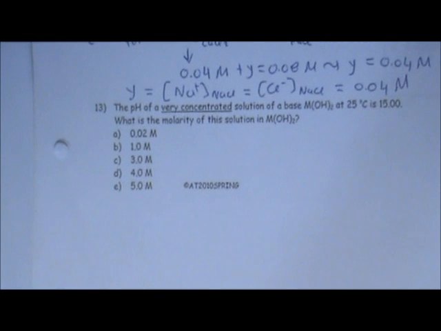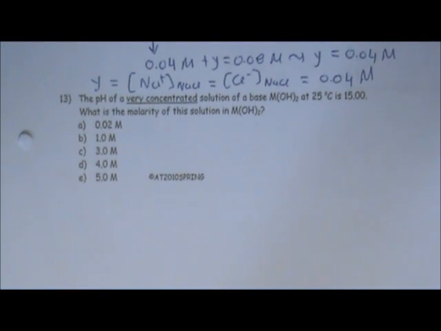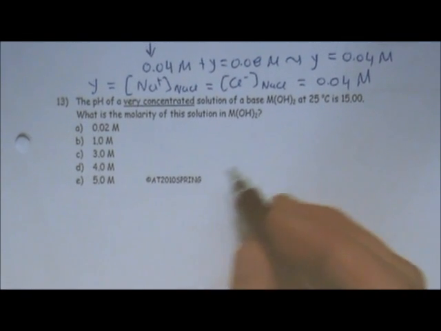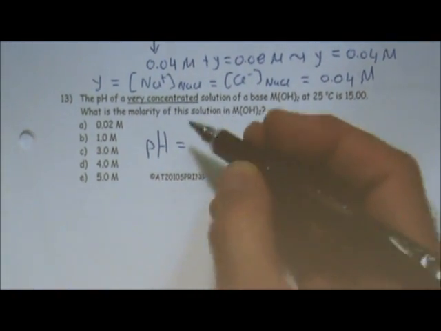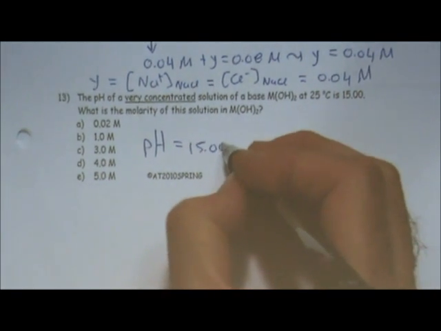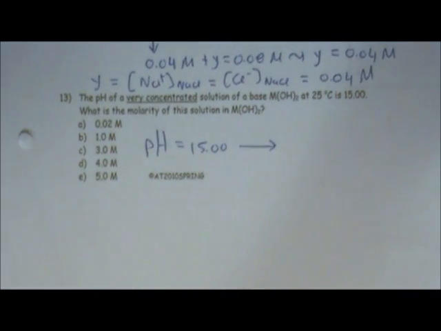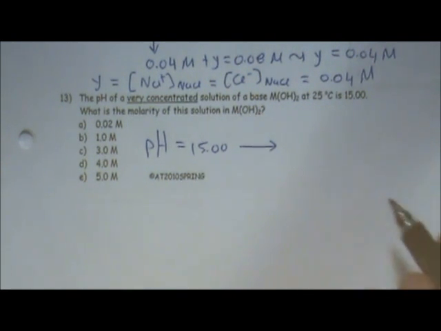In this case, it is easier to go forward, right? So we know what we have. What do we have? The problem is giving us pH to be 15. From there, we're going to try to find out the concentration.